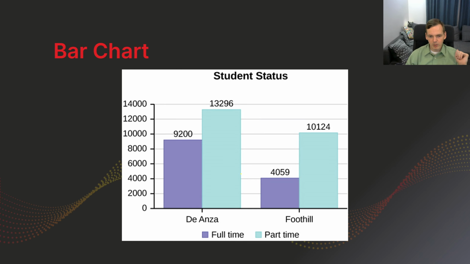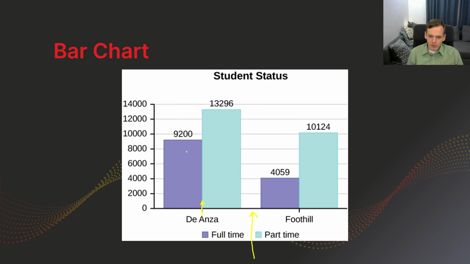So here's an example of a bar chart, and this actually is a good example of where we don't quite see that perfectly. We do see a split between the two colleges, but ideally we might also have a split here between the full-time and part-time. But again, for aesthetics, you do have a little bit of flexibility here.